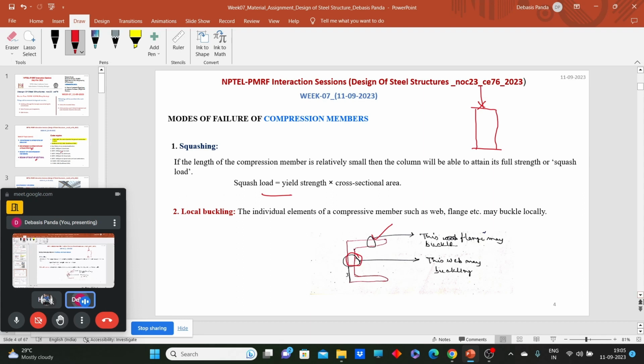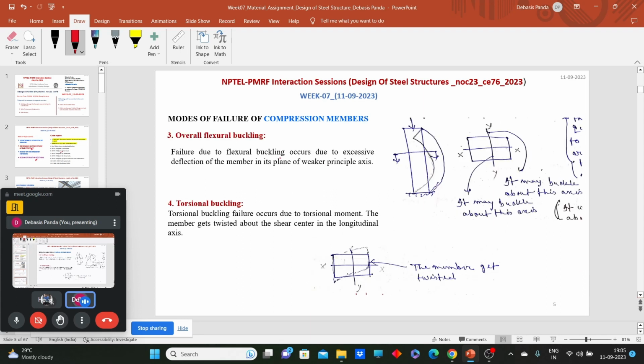And most importantly, for slender members, we have overall flexural buckling, where the member will buckle about its minor axis. For example, if we consider this rectangular section, it is obvious that the moment of inertia about the x-axis and the moment of inertia about the y-axis will be different.